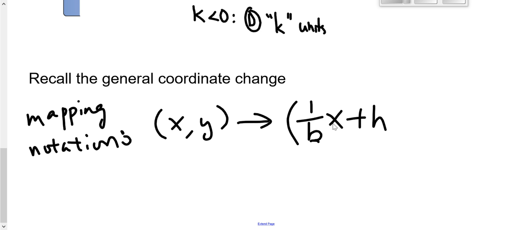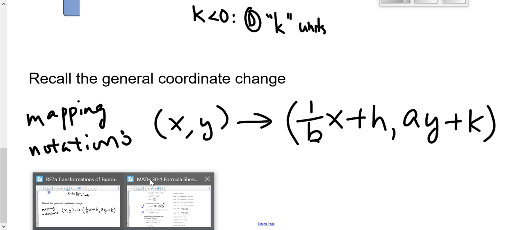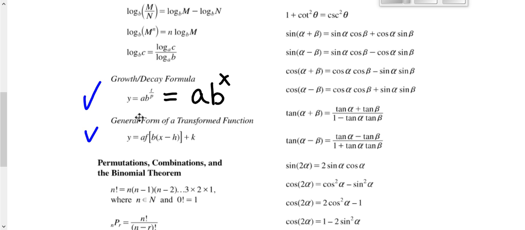Anything horizontal is here, and anything vertical is here, a y plus k. So that's nothing really new here. That's good news. And once again, this mapping notation is not on the formula sheet. Check this out. This is the one you're going to see on your diploma exam, if there is any.